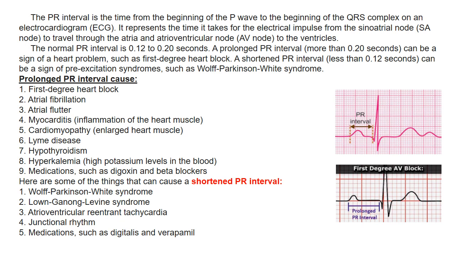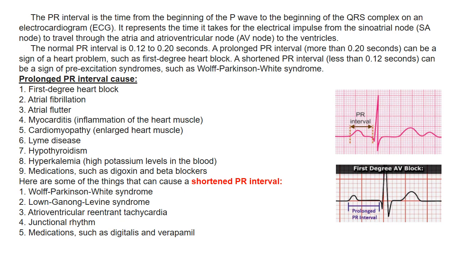Prolonged PR interval cause. 1. First-degree heart block. 2. Atrial fibrillation. 3. Atrial flutter. 4. Myocarditis, inflammation of the heart muscle. 5.